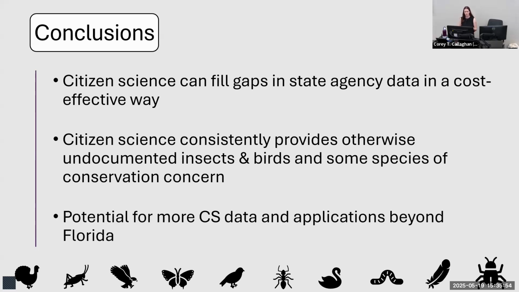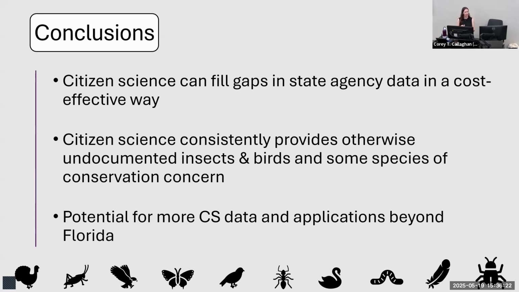The reason this is so interesting is that eBird and iNaturalist are both rapidly growing platforms in their usership and the observations they're generating. So there's so much potential for increased data from these sources, whereas the constraints on professional surveying are pretty much going to stay the same, or maybe get worse.